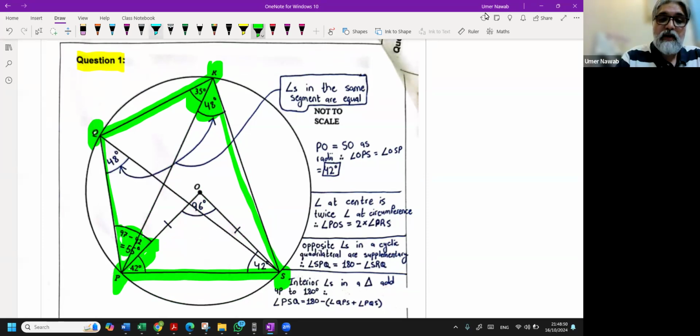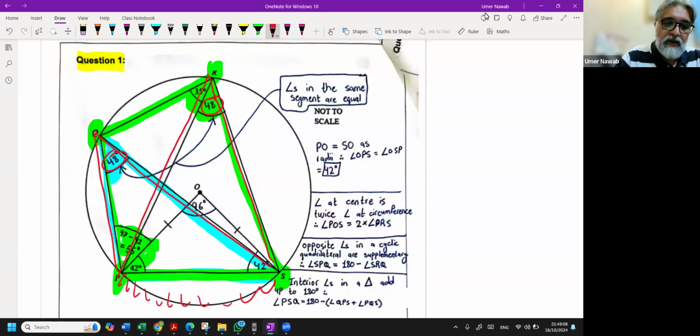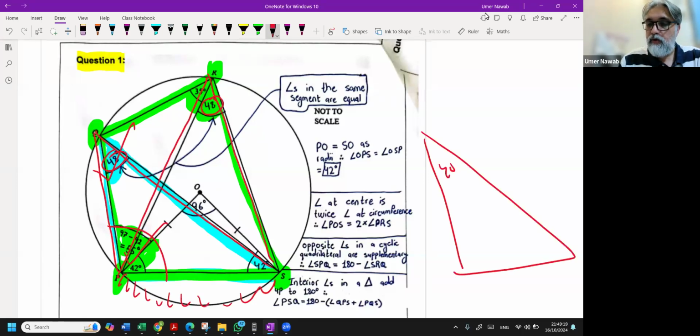Then in the last part, boys, he was asking you to concentrate on this triangle, in which I wrote this 48 by using the concept of angle in the same segment, because he was using this arc and it was making an angle on the circumference, same here and same here, 48, 48. The moment I know this is 48 and through the cyclic quadrilateral I found 97, in the triangle you can easily find this angle by adding these two and subtracting them from 180.